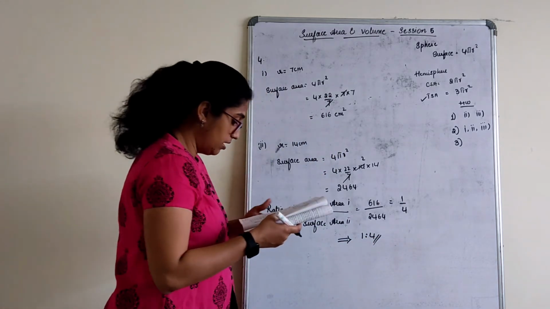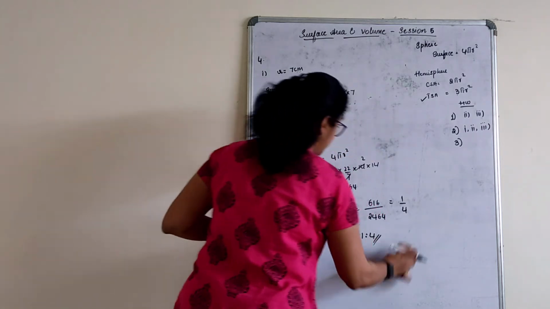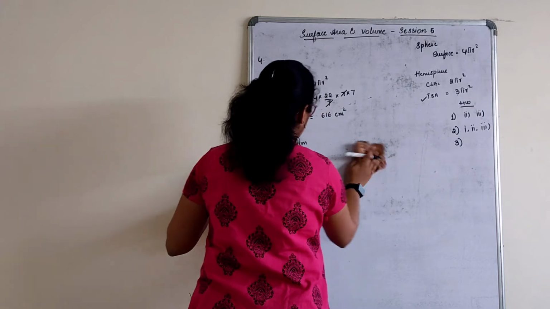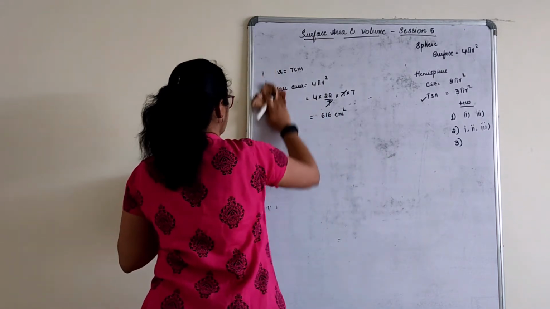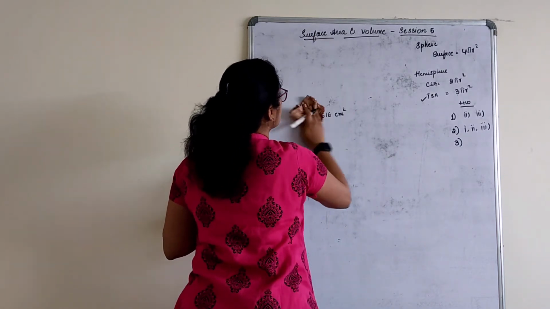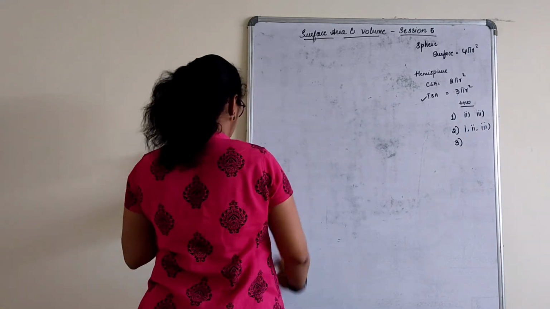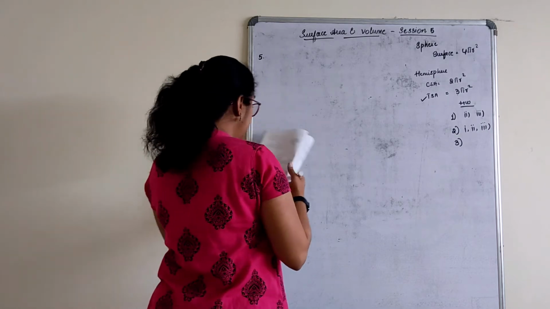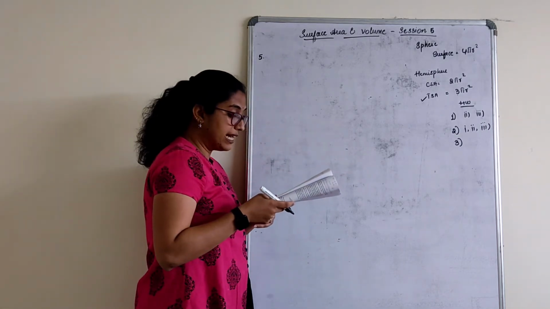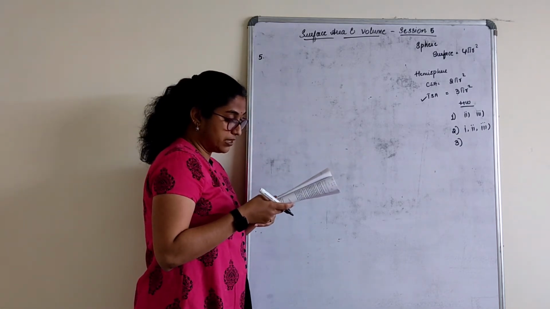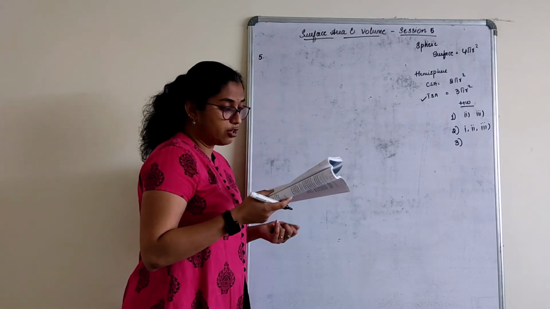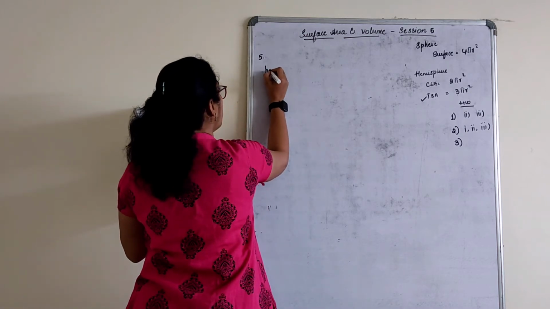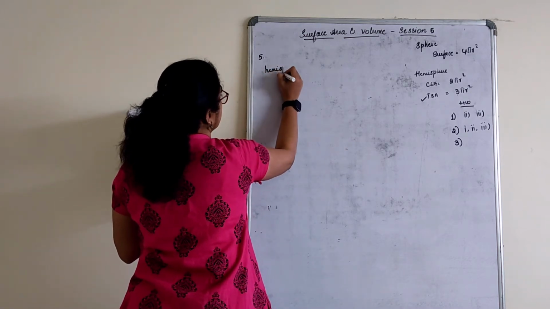Okay. Fifth one now. A hemispherical bowl made of brass has inner diameter 10.5 centimeter. Find the cost of tin plating on it inside at the given rate. So it is a hemisphere. All direct questions here.